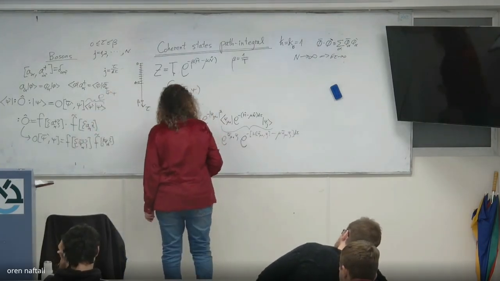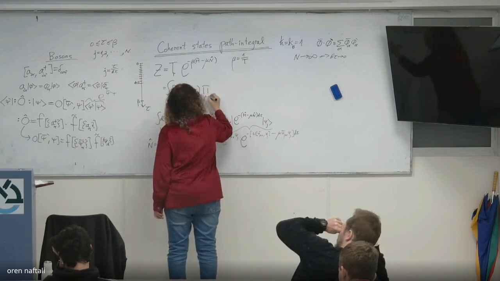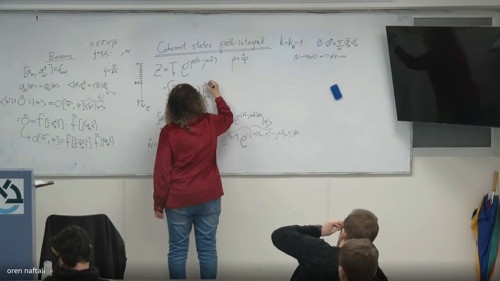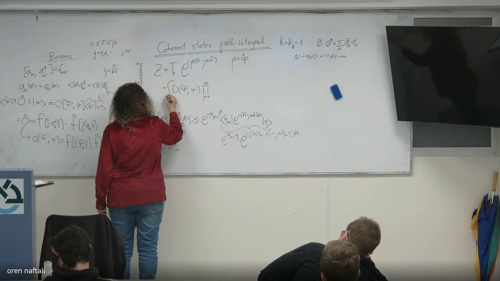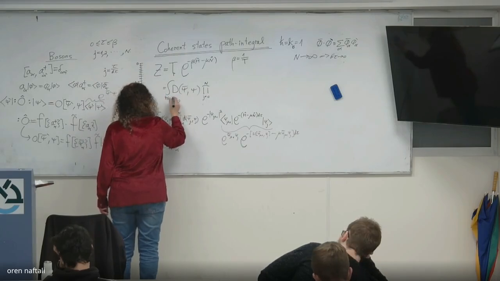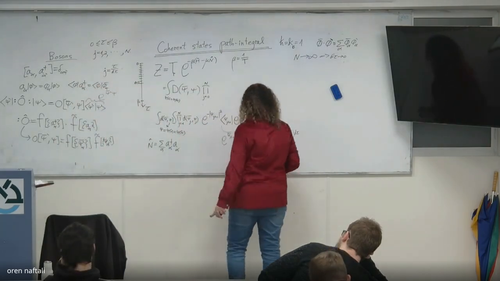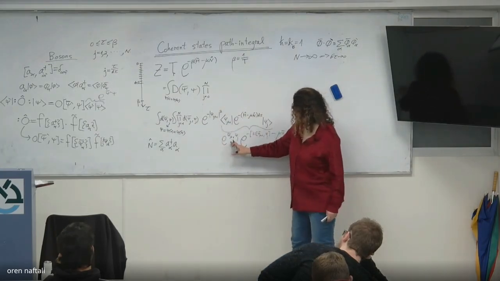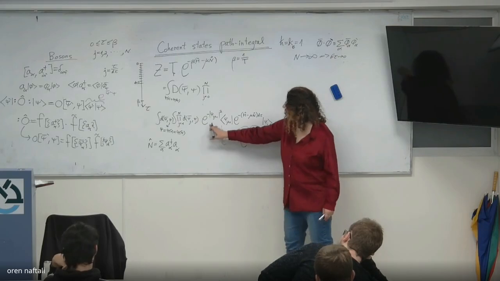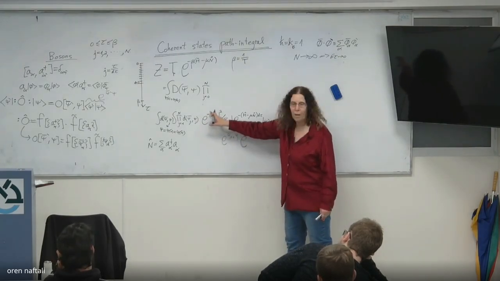Then what do I have? I have a product over all j going from 0 to n, where we also have a constraint that psi of 0 equals psi of n. These are the periodic boundary conditions. And what we have inside of the product is, I now notice that here I want to combine this exponent and this exponent. In both of them, I have psi j plus 1 bar, right?